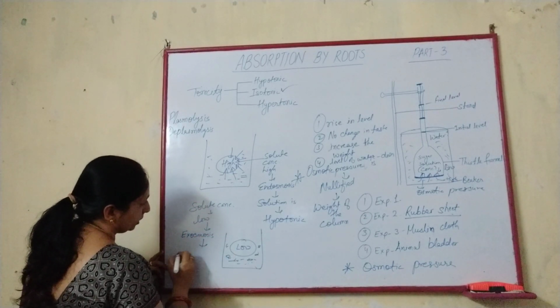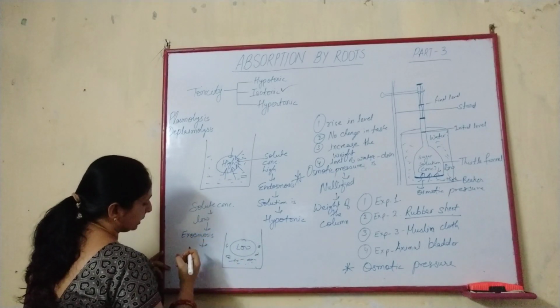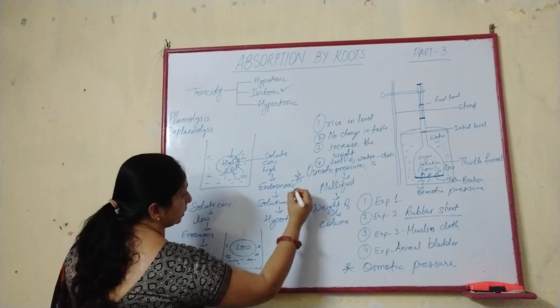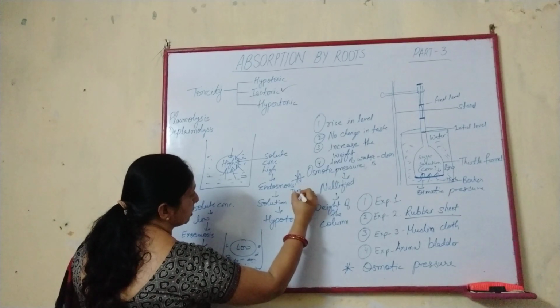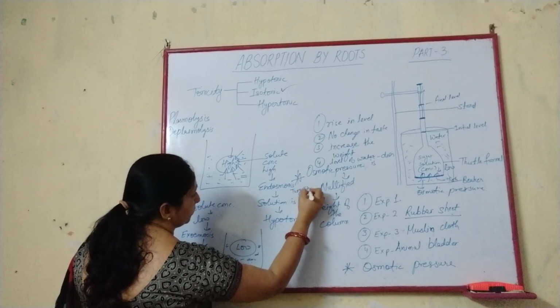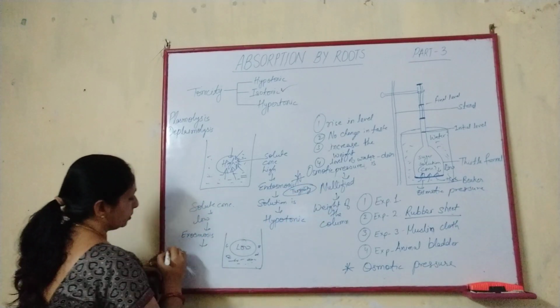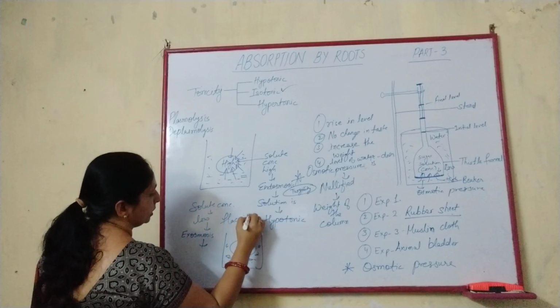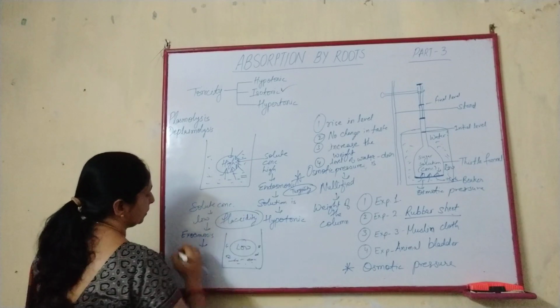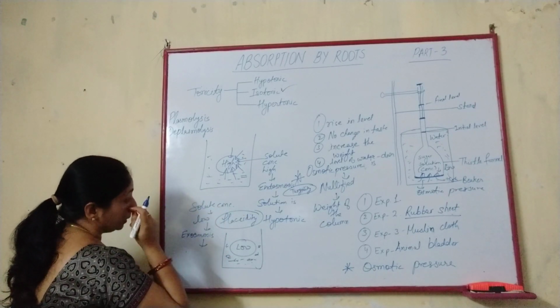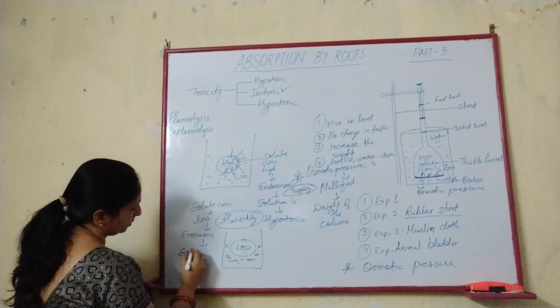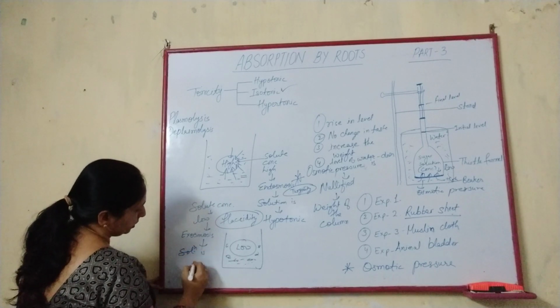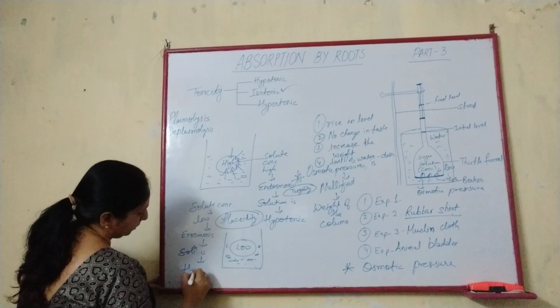Exosmosis results in flaccidity, while endosmosis is responsible for turgidity. In exosmosis it is flaccidity, and the solution is hypertonic.